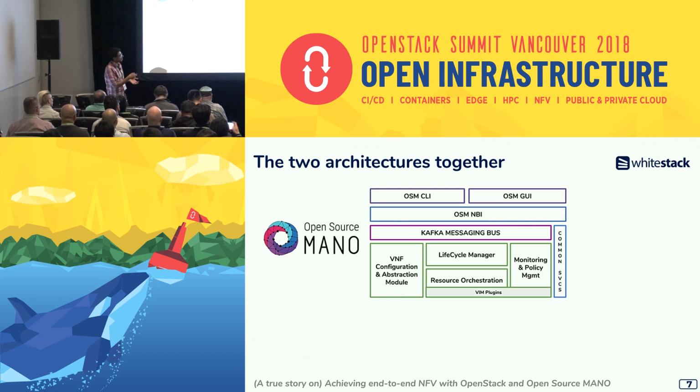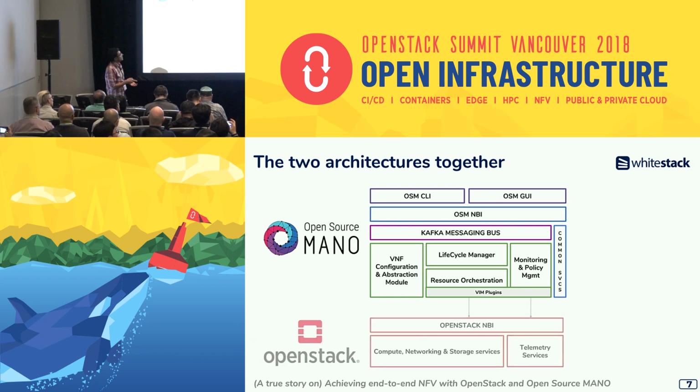Most of these components have been updated or are new in release 4. And then it integrates with OpenStack through the northbound interface of OpenStack. So we have the monitoring module talking to the telemetry services, and the resource orchestrator talking to the compute, networking, and storage services of OpenStack.